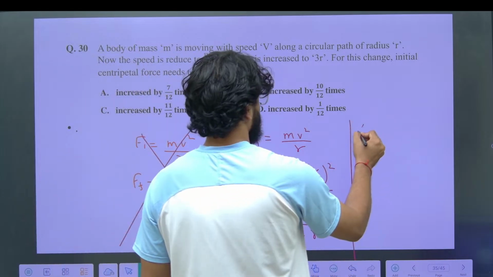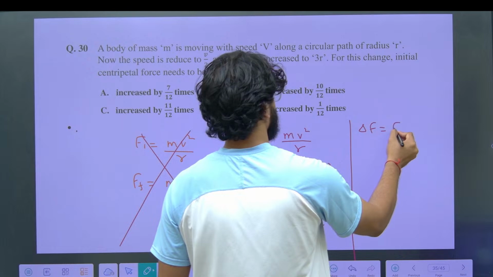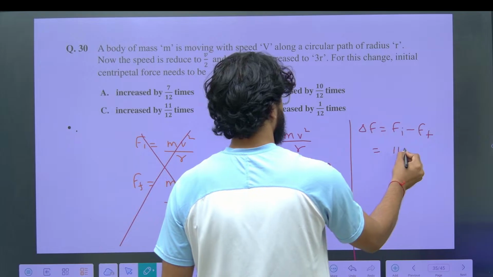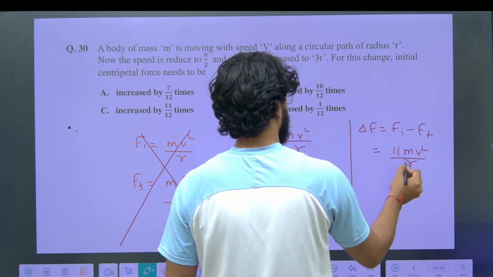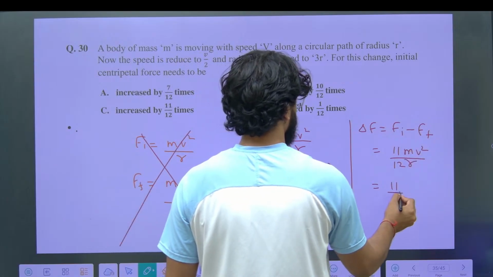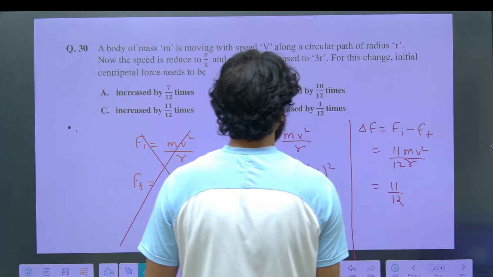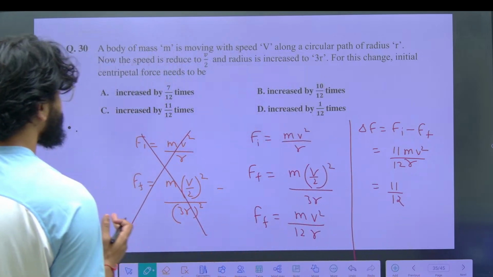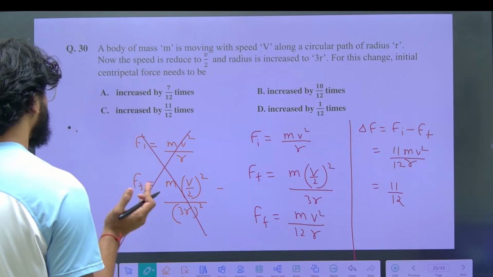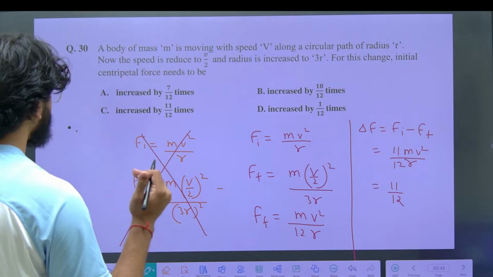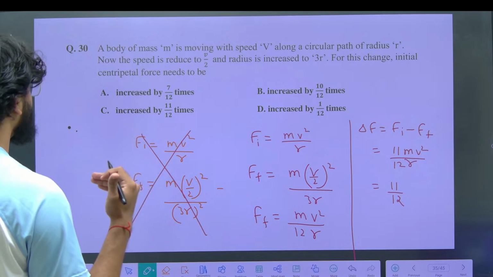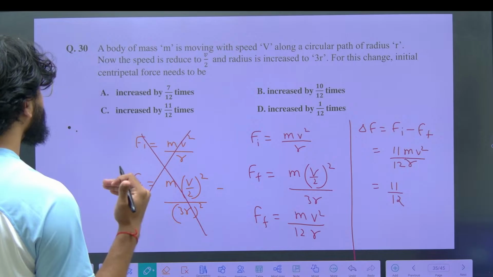So delta F is, let's say, Fi minus Ff. So it will be 11 mv square by r upon 12. For this change, initial centripetal force needs to be, we should decrease it, okay, increased by 11 by 12 times.